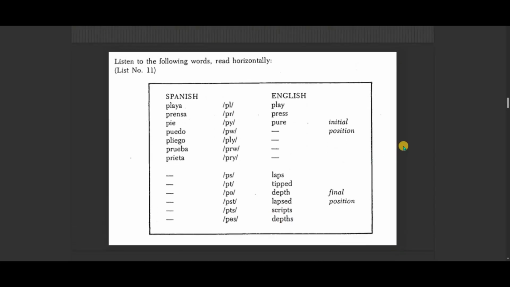Okay, so looking at this chart, we notice that we have initial position PL in Spanish and in English, initial position PR in Spanish and English, and initial position PY in Spanish and English as well. But PW, PLY, PRW, and PRY will only be in Spanish but not in English.